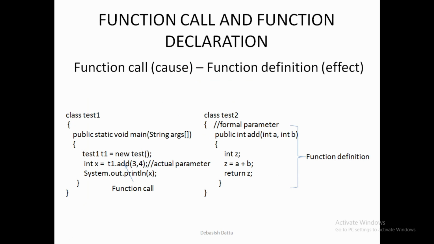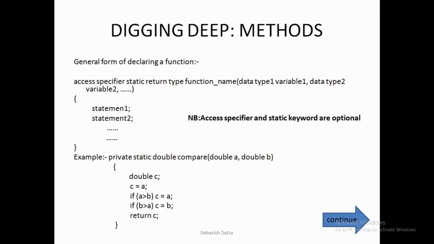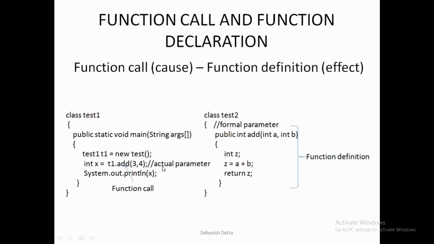Using a function in Java consists of two aspects. One is function call and one is function definition. What we have seen till here is the function definition. How are function call and function definition related? They are just like cause and effect. Function call is the cause and function definition is the effect.